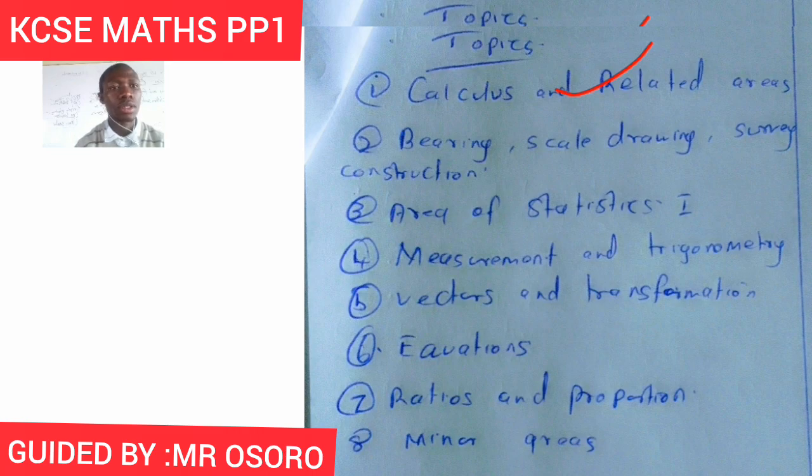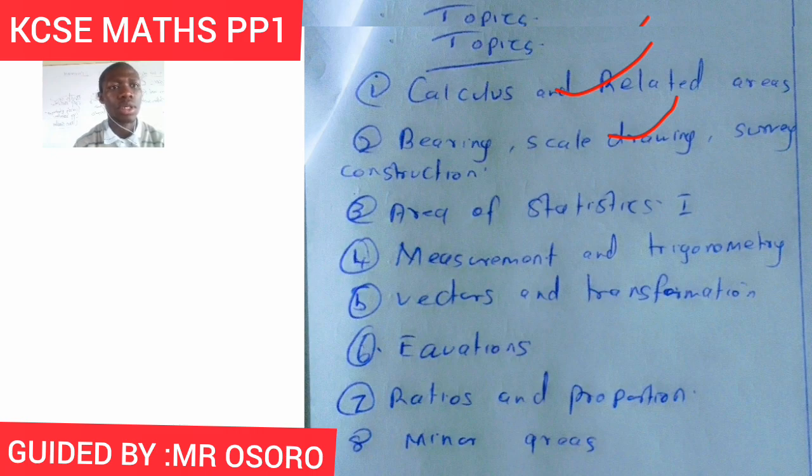Another area that is normally tested in Paper 1, that is area 2, is basically bearing, scale drawing, survey, and construction. This is also a place where you are sure to have a question in Section B, either from bearing or scale drawing or survey or construction.